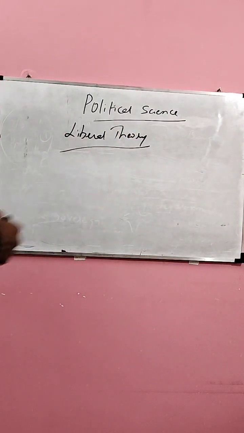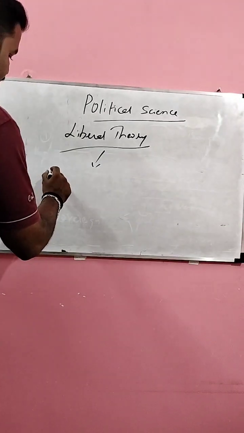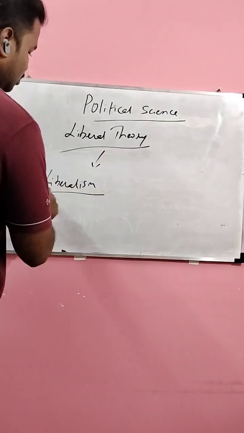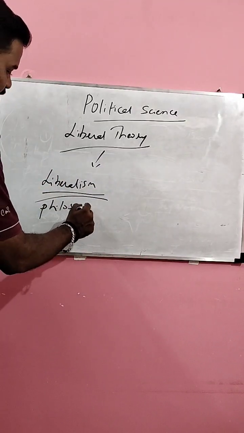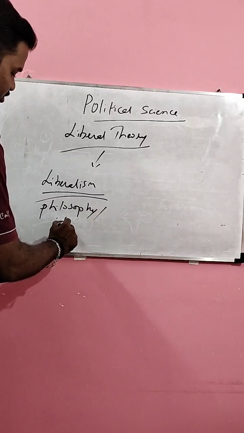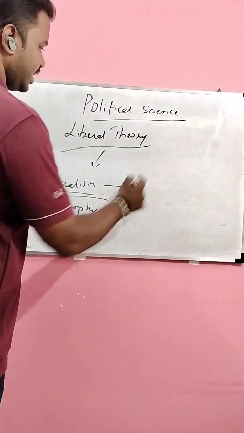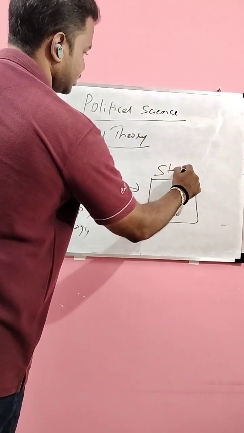Liberal theory of state is a framework, as already told. Now, liberal theory is associated with the philosophy and ideology called liberalism. Okay, so liberalism is a political philosophy and ideology, right? It is applied to the institution which is the state.